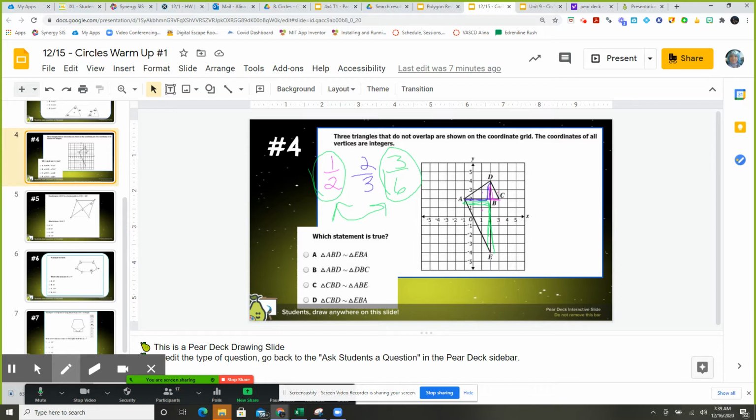So those are my two triangles, the pink one and the green one. Which statement shows those? Which answer choices show the small triangle, the CBD triangle, and the big triangle, the ABE triangle?